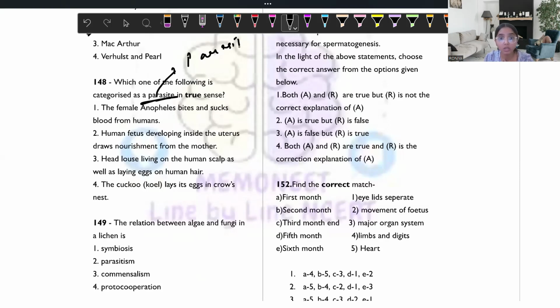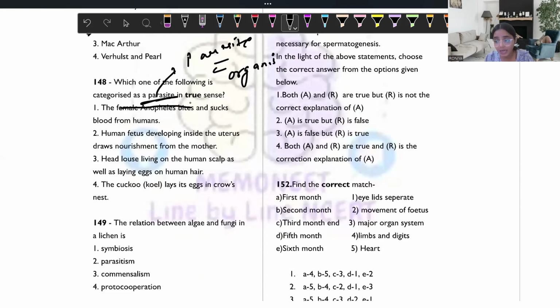Parasite. Okay, so what is a parasite? A parasite is the organism which resides on or in another organism, which is known as a host, and it derives nutrition from the host. So female Anopheles bites and sucks blood from humans, yes, but it does not reside on humans, right? So the female Anopheles mosquito cannot be a parasite.